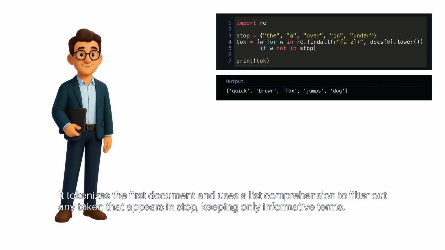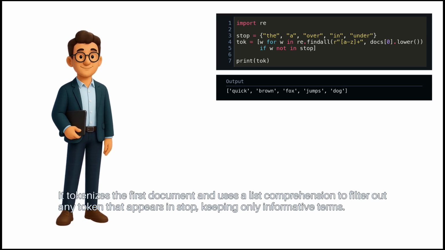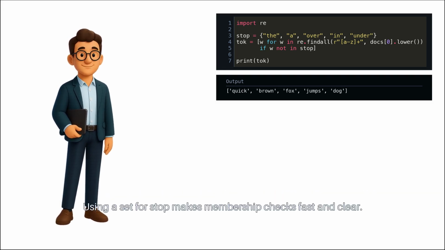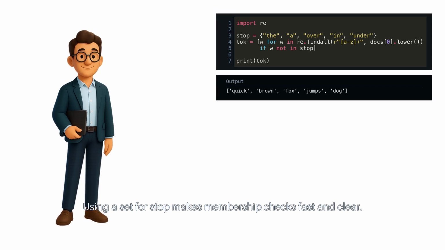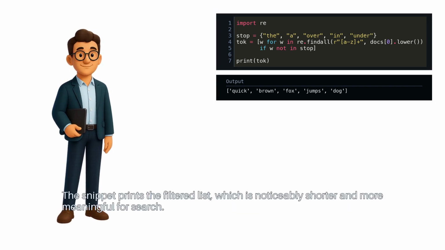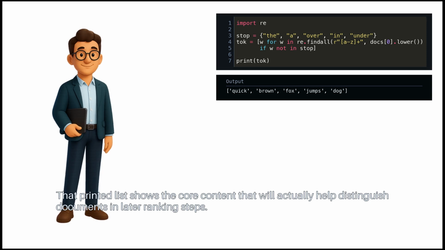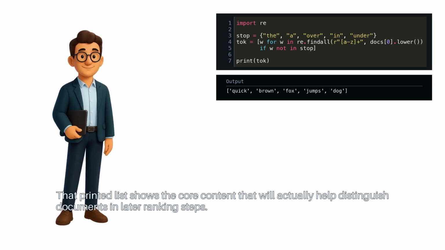It tokenizes the first document and uses a list comprehension to filter out any token that appears in stop, keeping only informative terms. Using a set for stop makes membership checks fast and clear. The snippet prints the filtered list, which is noticeably shorter and more meaningful for search. That printed list shows the core content that will actually help distinguish documents in later ranking steps.